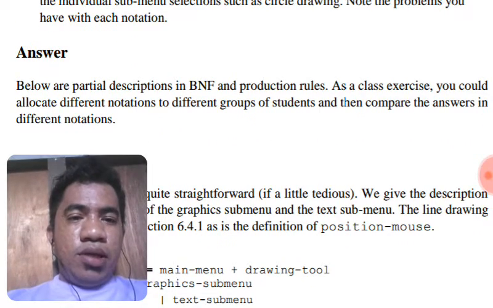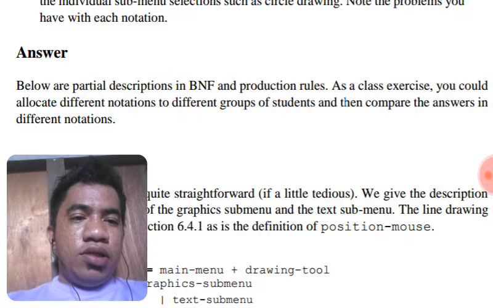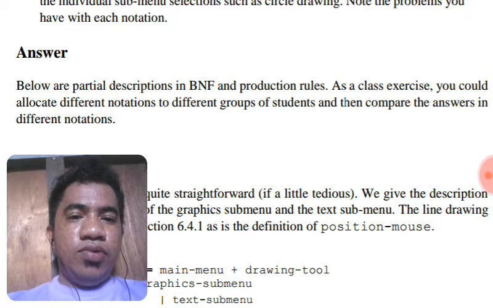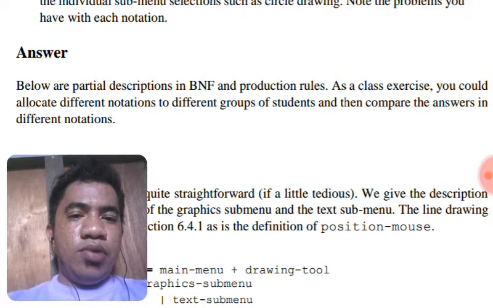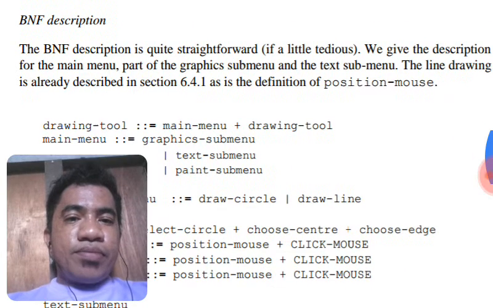Answer. Below are partial descriptions in BNF and production rules. As a class exercise, you could allocate different notations to different groups of students and then compare the answers. BNF description. The BNF description is quite straightforward, if a little tedious.